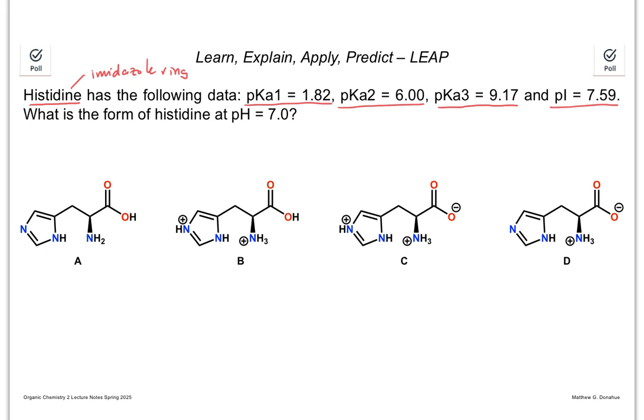And then you're looking for the form of histidine at pH 7. So draw up the scale, put in 0, 7, 14, add your pKa values, then consider what pH the medium is at, and look at the possible responses in terms of what functional groups are going to be protonated or deprotonated.